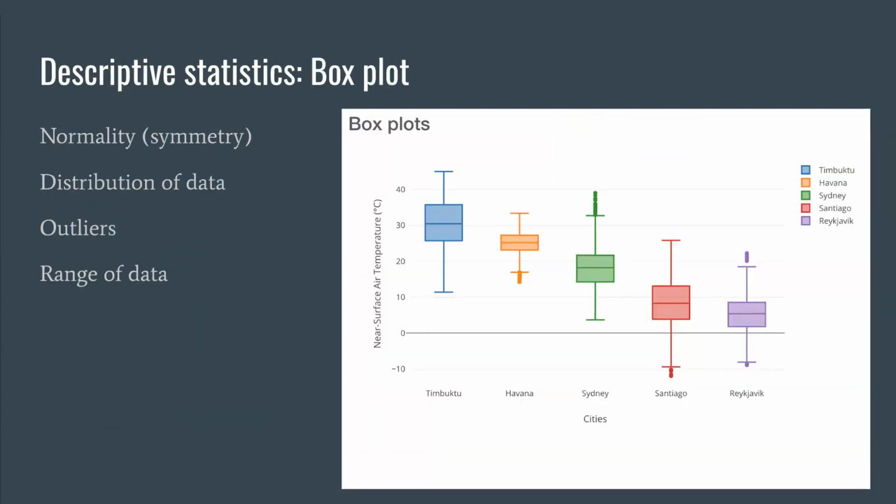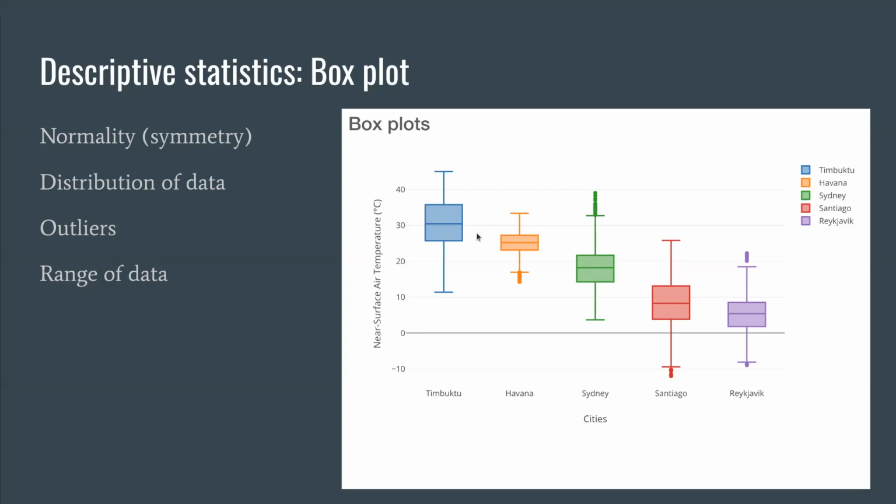So for descriptive statistics, we need to talk about box plots. A box plot is a robust and resistant graphical technique for examining assumptions such as normality. Normality you can think of as symmetry in how the box looks, and equality of variances.